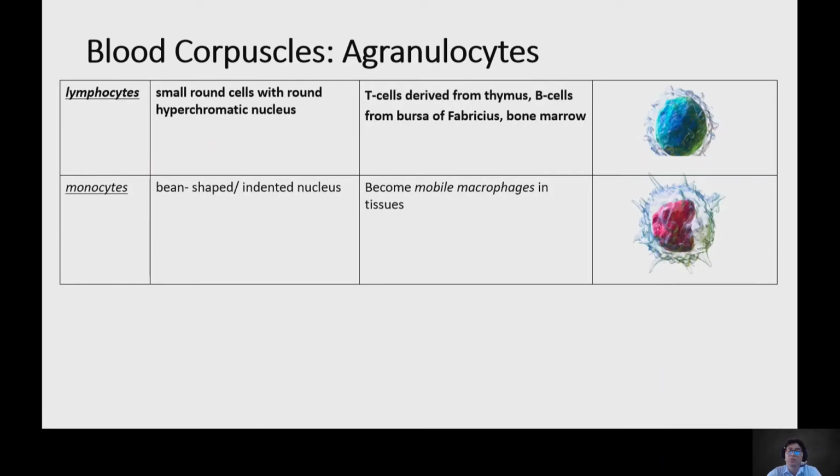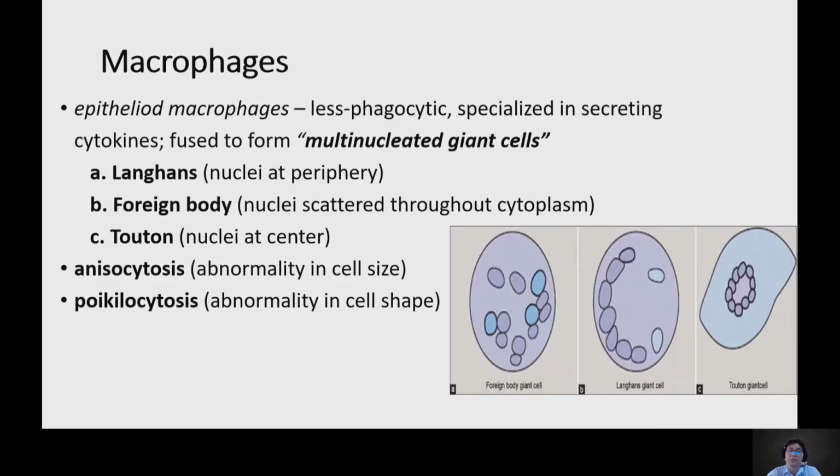It becomes mobile macrophages in tissues when it gets out of the tissue, and it means big eater. Macrophages are epithelioid macrophages, less phagocytic, specialized in secreting cytokines, fused to form multinucleated giant cells.